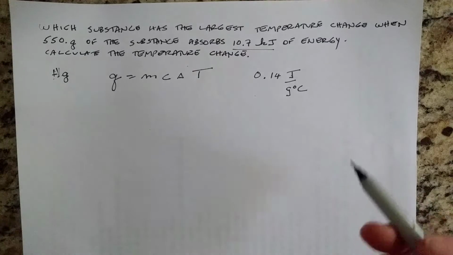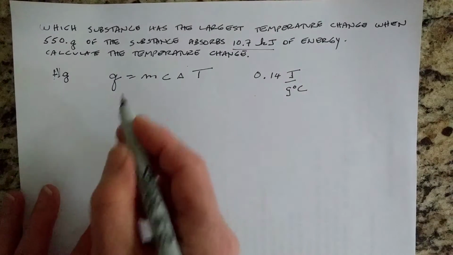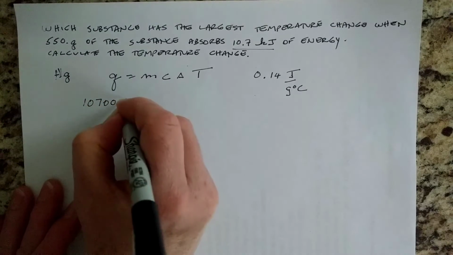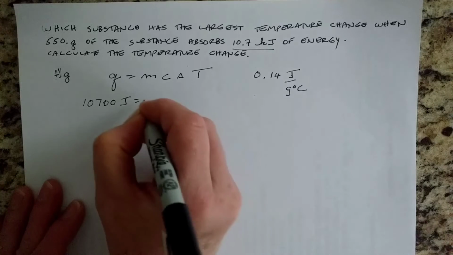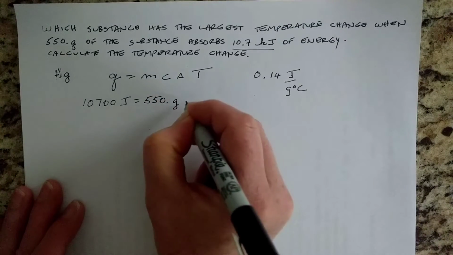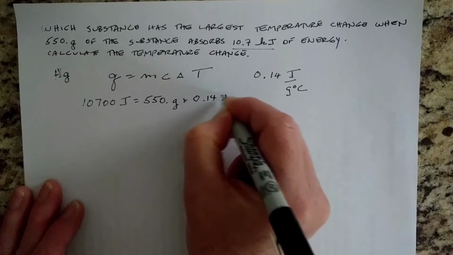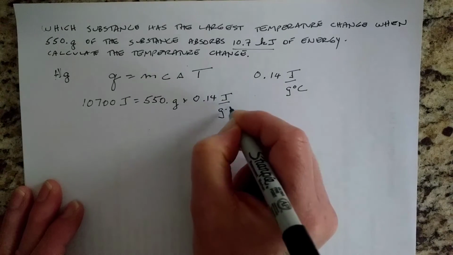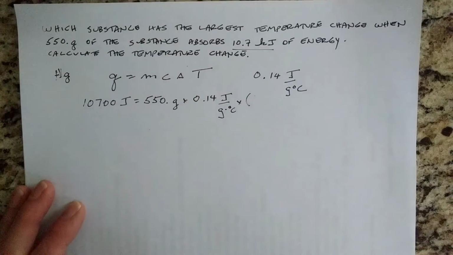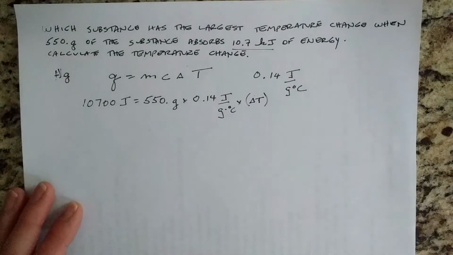So I think I will convert our kilojoules to joules. So our heat then is 10,700 joules equals the mass, 550 grams, times our heat capacity, 0.14 joules per gram degrees C, times our delta T, and that is what we are looking for.